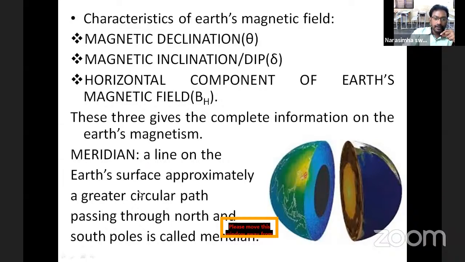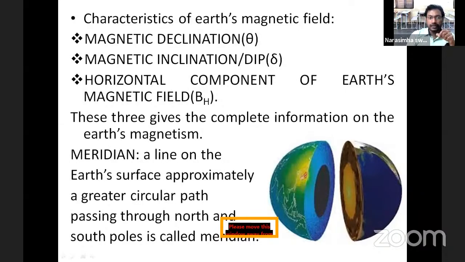A line on the Earth's surface, approximately a great circular path passing through the north and south poles, is called a meridian. These are terms that you should understand properly. Meridian. This is the total surface area from north to south. If we cut the Earth like this, this area is called a meridian. Okay, so now we will elaborate on this.